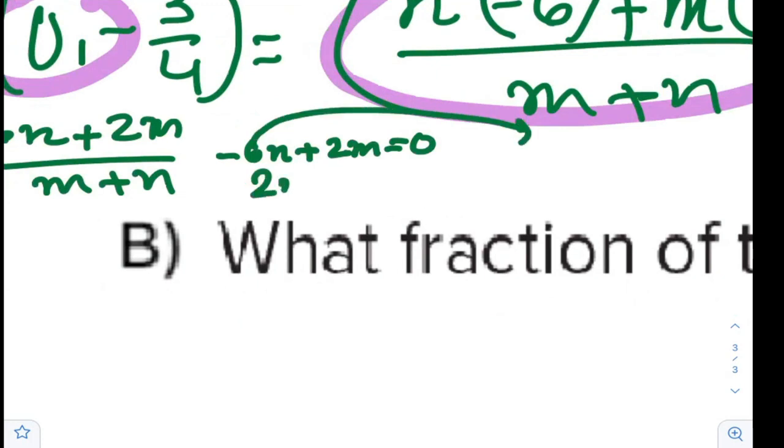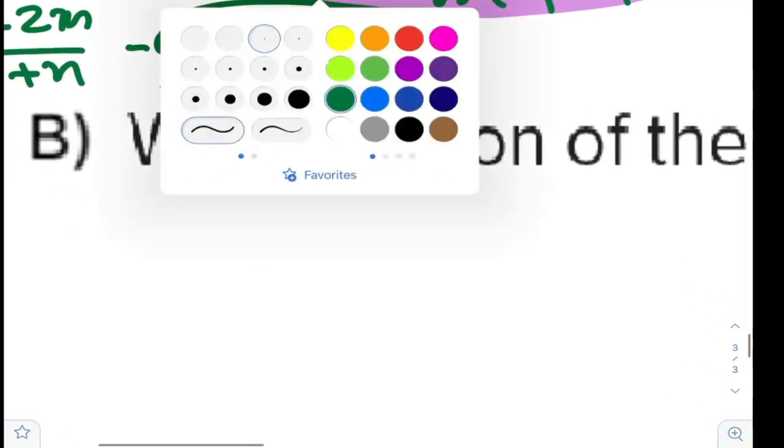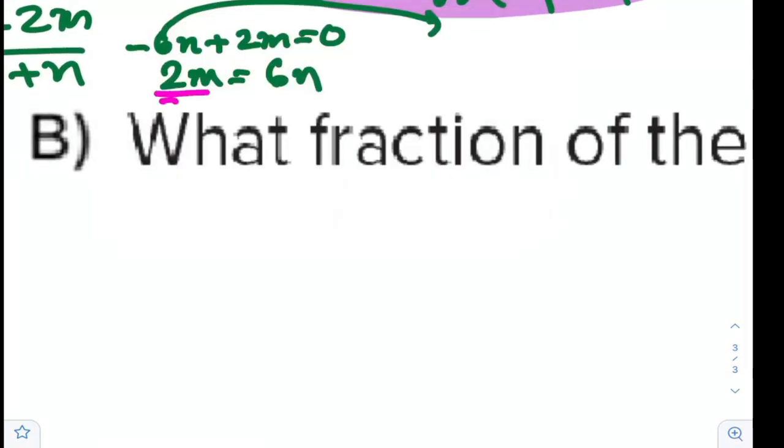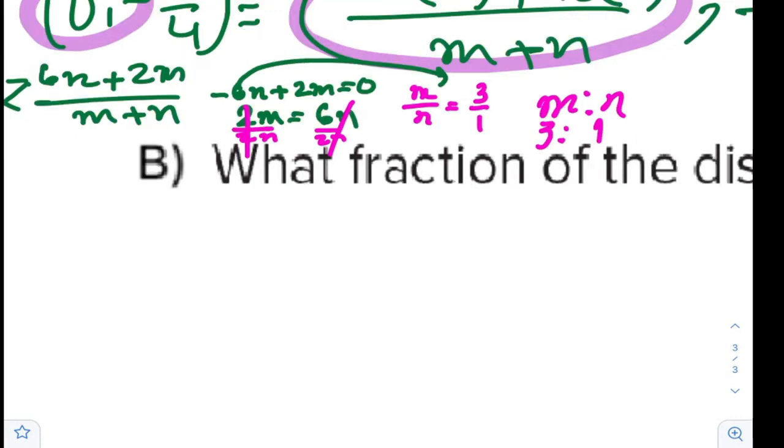Let's move the 6n there. Now, remember, we need m to n, meaning m over n. So I will divide by 2n both sides. We have 2m over n is equal to 3 over 1. That means m to n is 3 to 1. This is the ratio that we have found.